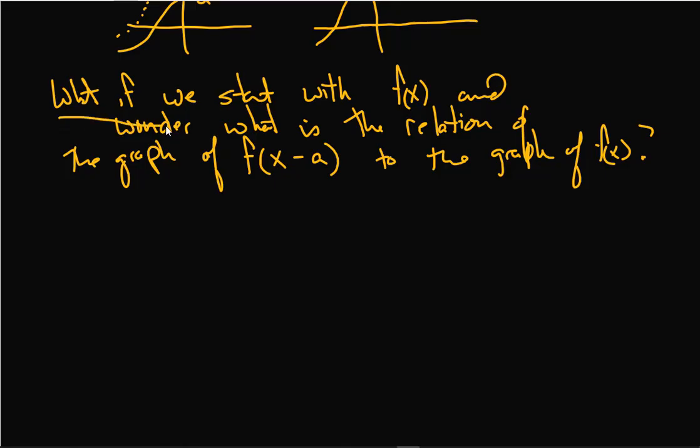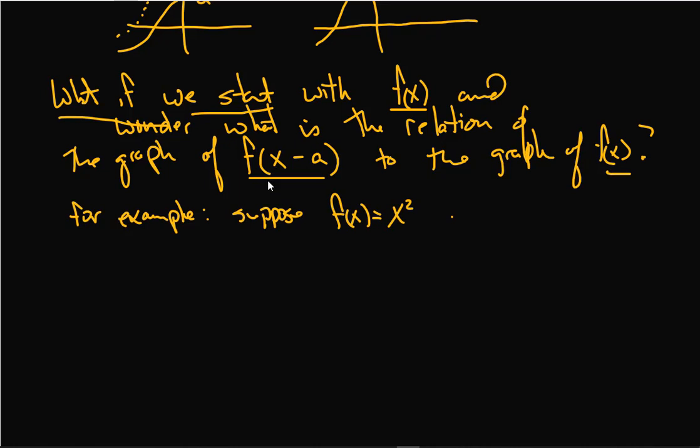Okay, so now what if we start with f of x, and we wonder what's the relationship between the graph of this compared to f? Before we had a on the outside, but now we're changing the so-called argument, subtracting a or adding a.